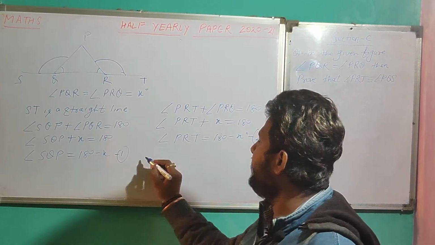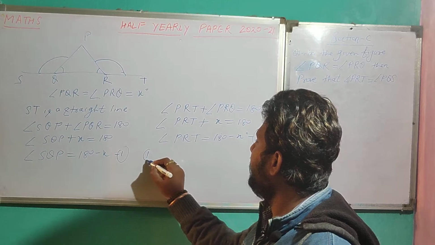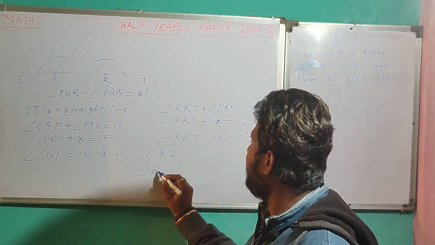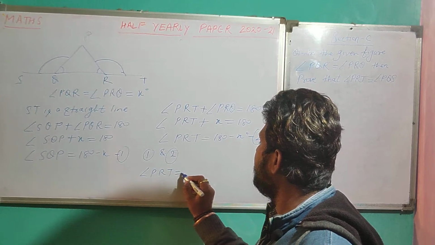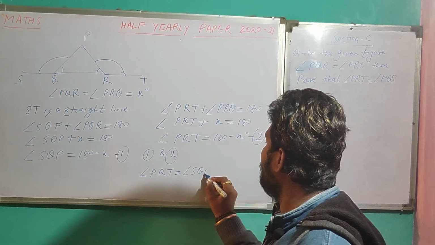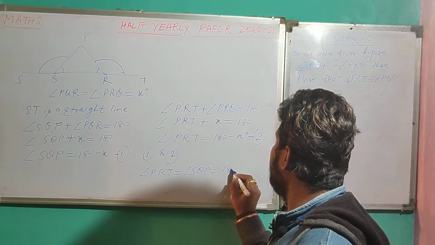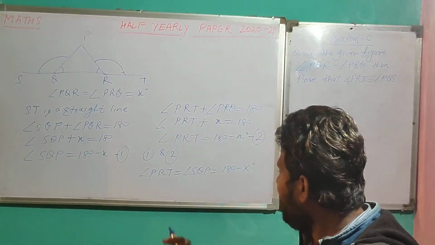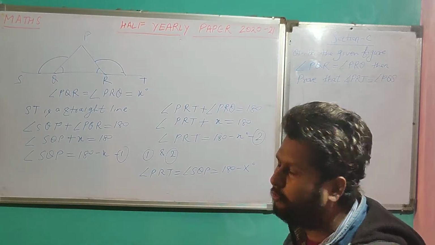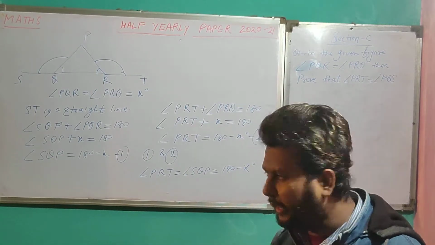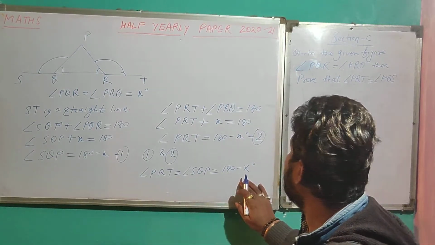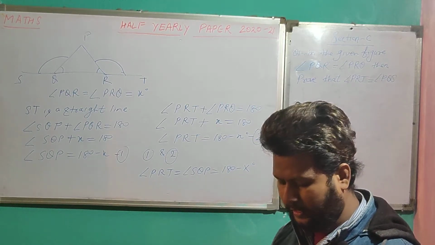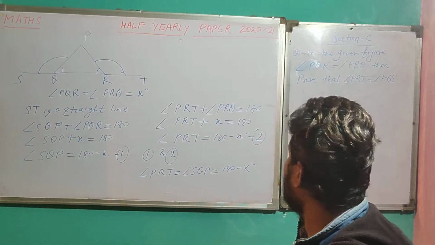So you can see from 1 and 2, angle PRT is equal to angle SQP is equal to 180 minus X. So we proved what we have to prove. Both the angles are equal and they are equal to 180 minus X. Now this question is over.